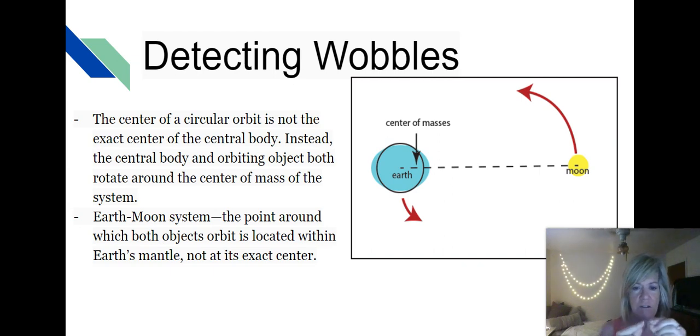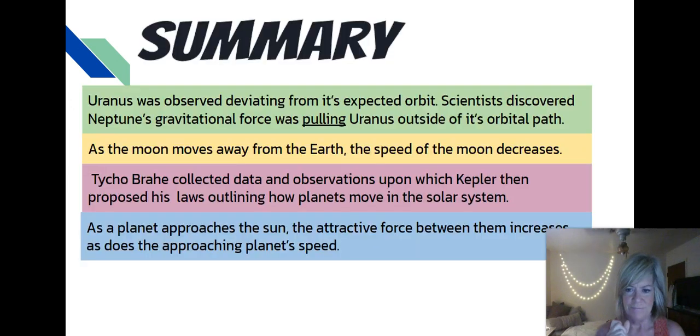That's where the center is figured, and remember, this is like some geometry here. You just need to know that the center of the circular orbit is not the exact center of the central body, which is the one with the larger mass, or that's being orbited. So in this case, with the Moon orbiting the Earth, it's in the mantle, not the exact center.